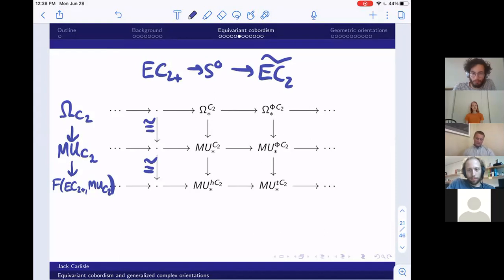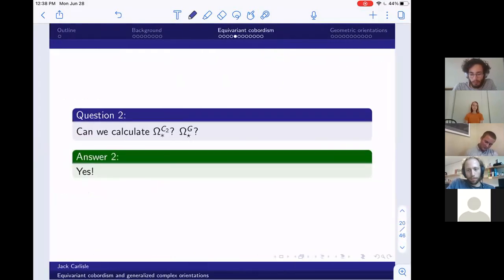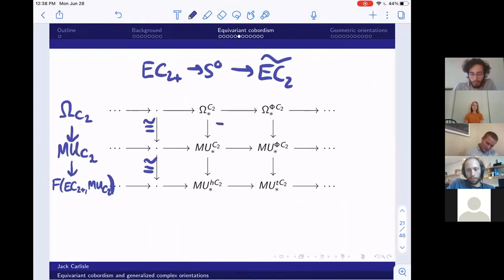And for this reason, this gives us a lot. We can use homological algebra and some diagram chasing to really control this diagram very well. In particular, the fact that these are isomorphisms, together with a little bit of homological algebra, tells us that both this square and this square are pullbacks of rings.